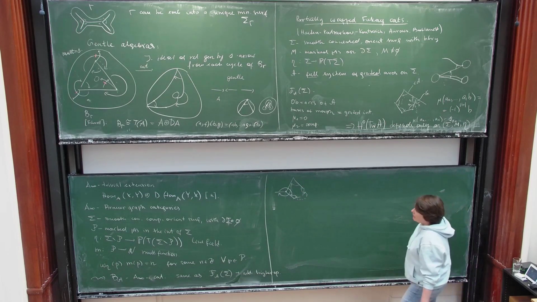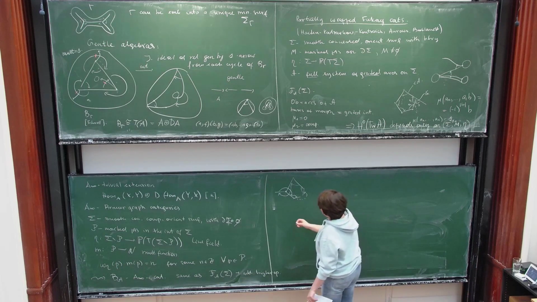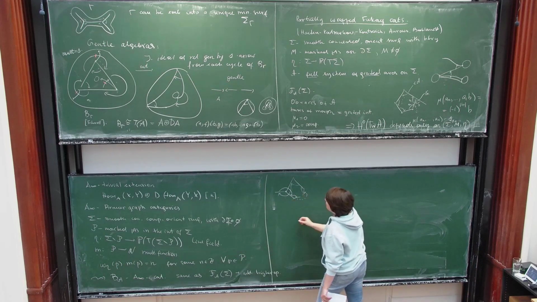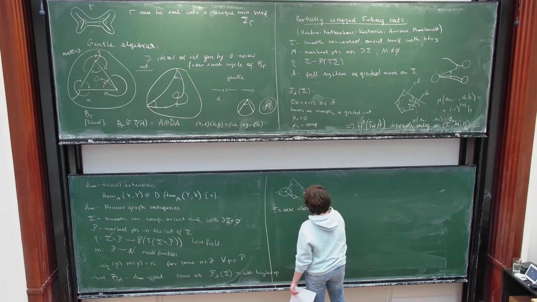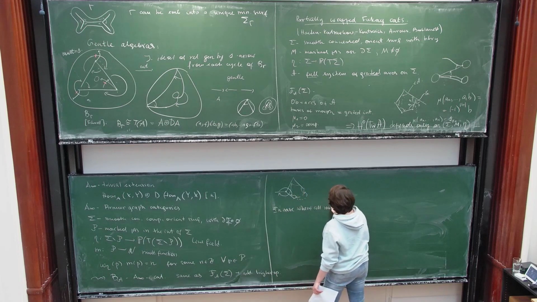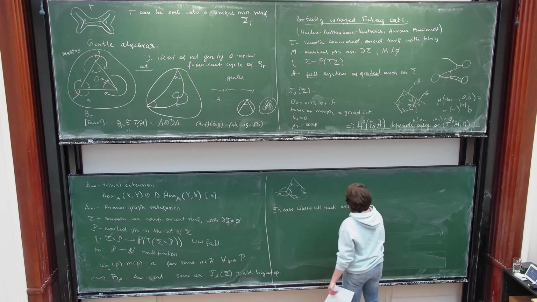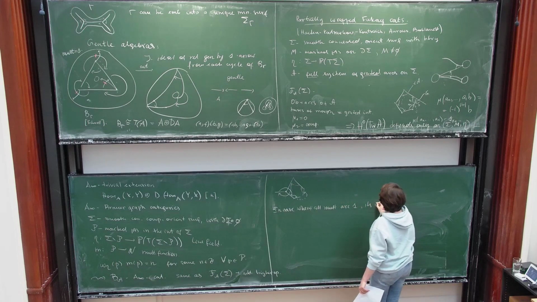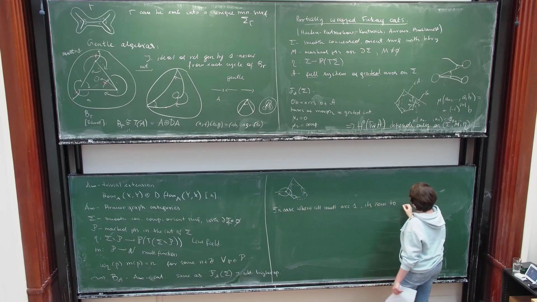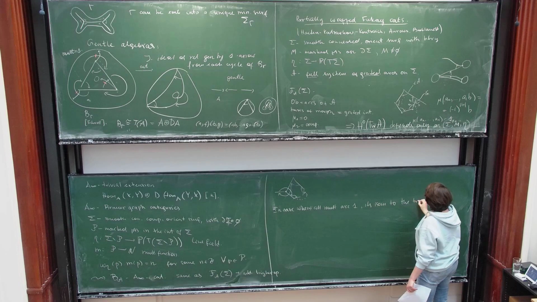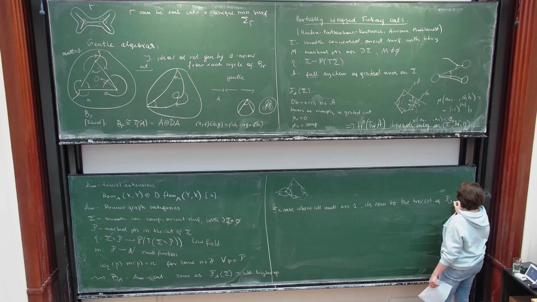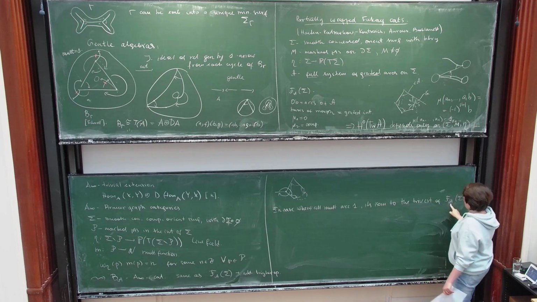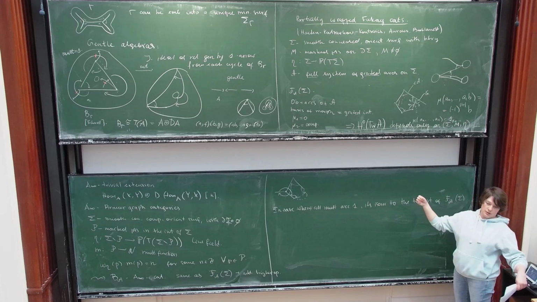Okay, and we can define that, and in case the multiplicities are one, it is isomorphic to the trivial extension of this partially wrapped Fukaya category, where we drag the punctures to the boundaries of sigma.